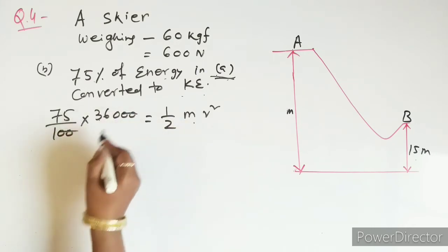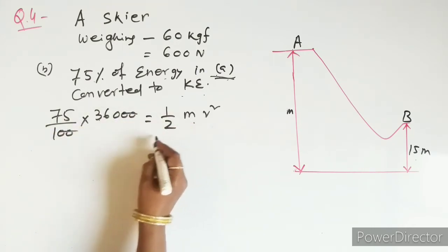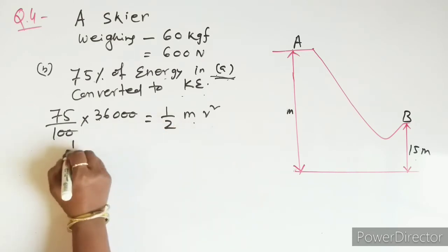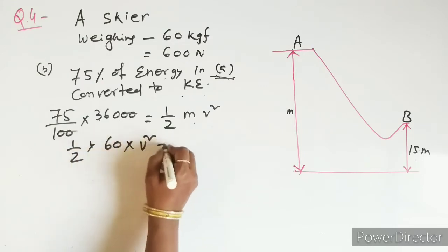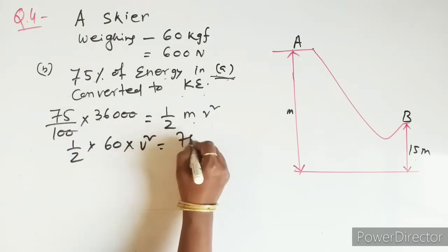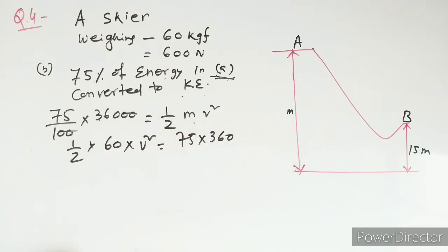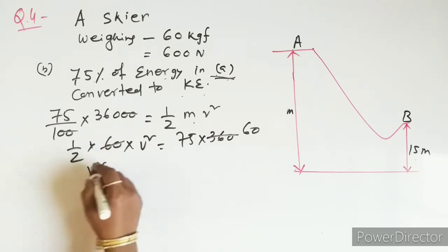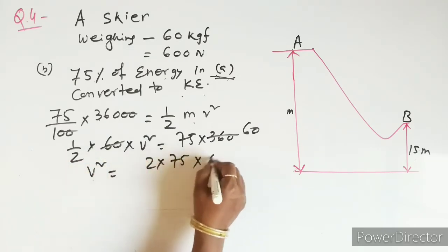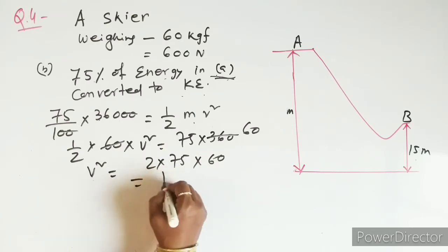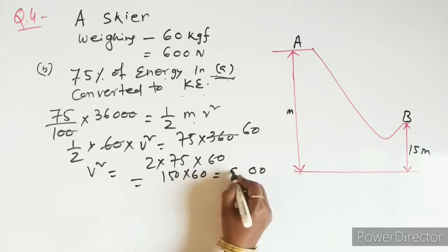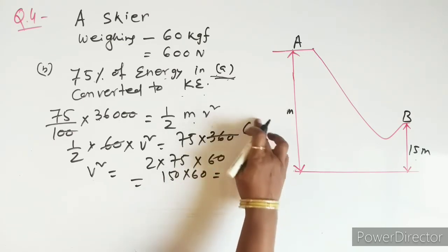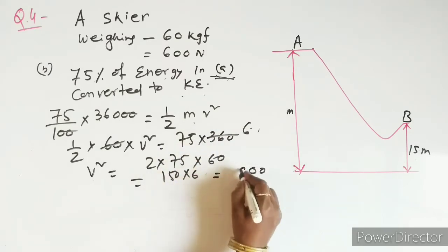Half m is 60, so 36,000 equal to 60 v square, so v square equal to 2 into 36,000 divided by 60, which is 900.